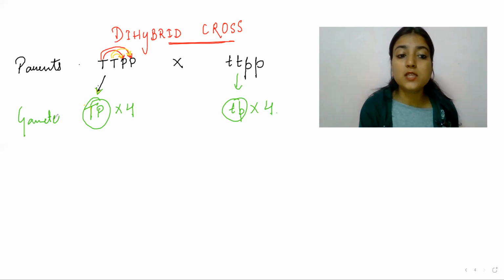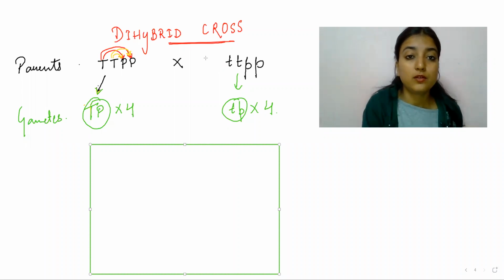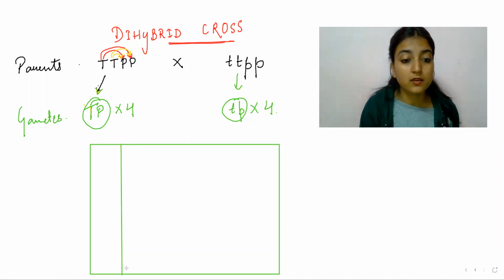Now the next step is to establish the Punnett square. Okay. So now here the gametes are 4. That's why we have to make 4 columns.